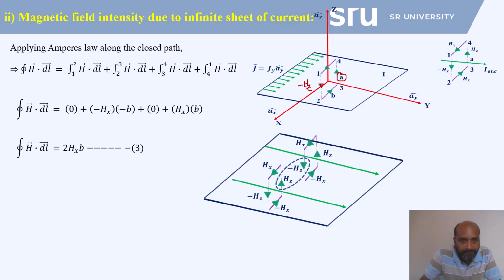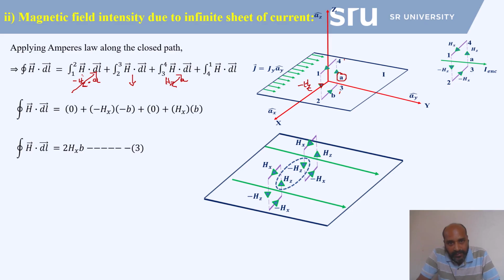So minus hz into a. Similarly, see that 3 to 4. 3 to 4 will be plus hz a. So these two will be cancelled. As we said in the previous slide, the z component will cancel each other. So the remaining will be two paths, which is the 2 to 3 path and the 4 to 1 path.